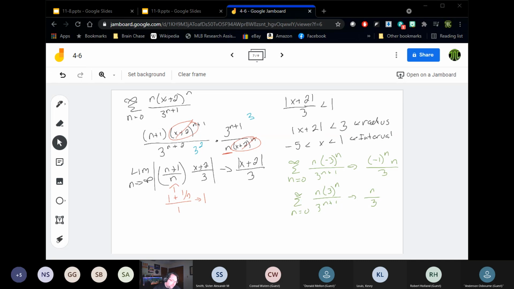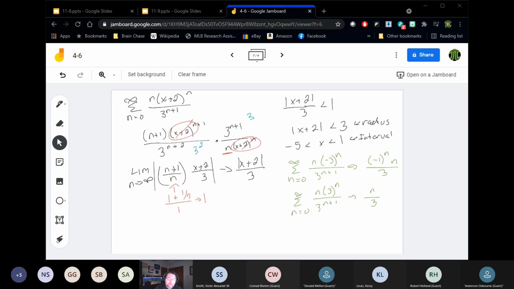So that first series, what are we going to use to test it? Alternating series test. All right, so if you do the alternating series test, the limit has to be 0 and it has to be decreasing. So this one, the limit as n goes to infinity is going to infinity, so it is not equal to 0.